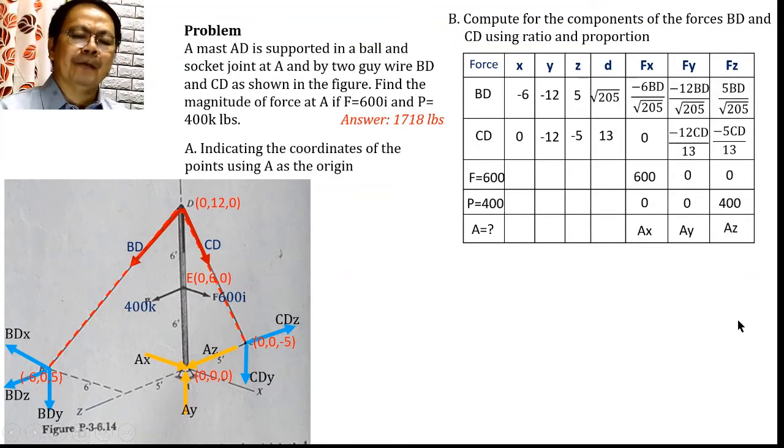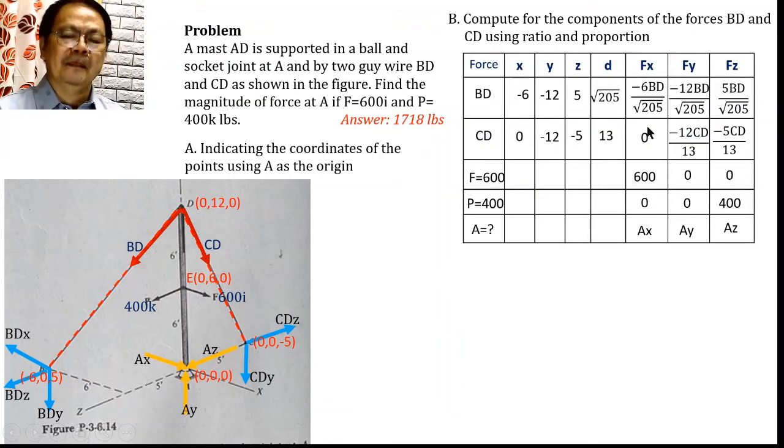To understand how we will solve it, let us see if the summation of forces along X, along Y, and along Z is applicable so we can get AX, AY, and AZ. Looking at this column, can we already solve for the value of AX? We see that not yet, because BD is also an unknown value. It means we can only solve AX once we know BD.